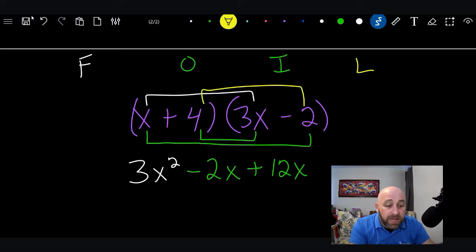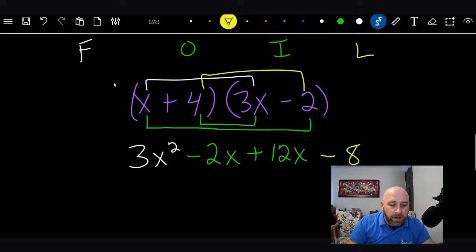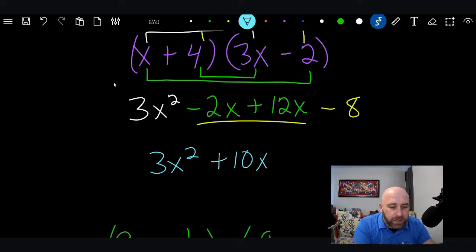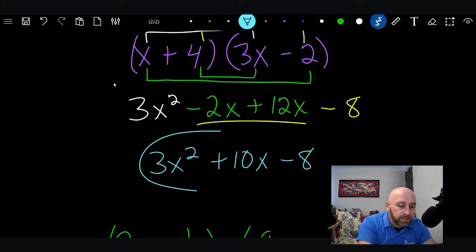And so I have negative 2 times 4. That's going to give us negative 8. All right, so now what do we want to do? We want to just combine these real quick, and that'll be our answer. So 3x squared plus 10x, negative 2x plus 12x is going to be 10x, minus 8. And there you go.